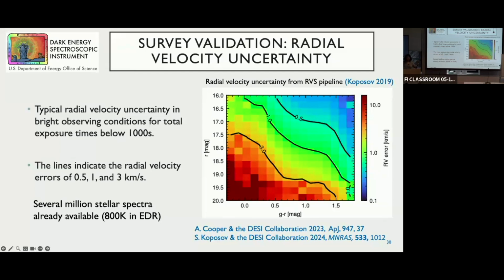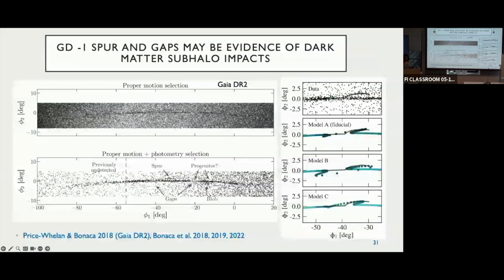There's more in the literature, and I won't go into describing this. But the GD1 stream has been particularly interesting. I'm talking about now another probe of dark matter, because it was discovered here at CCA, I think in a DR2 hackathon by Adrian and Anna, that there was this feature here which is called the spur, which probably happened due to a dark subhalo passing through.